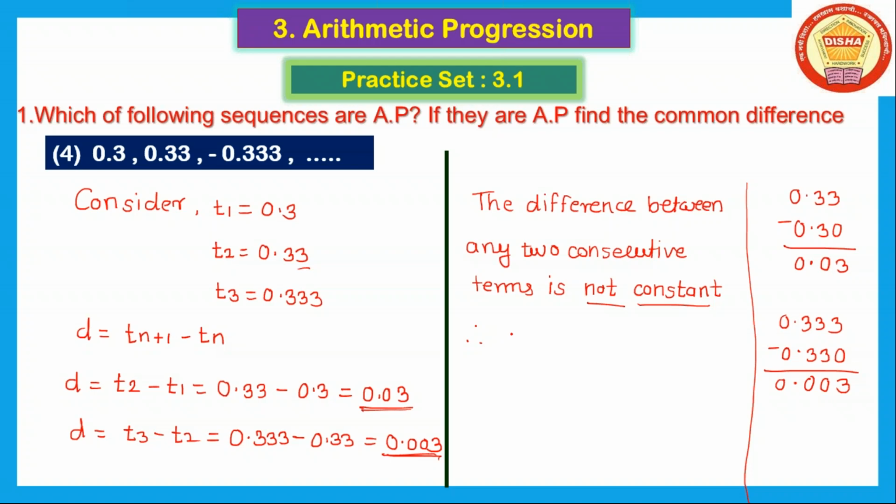So therefore, given sequence is not an AP, means given sequence is not an arithmetic progression. Okay. If it is arithmetic progression, then we have to find common difference. It is not arithmetic progression, so we can't find the common difference, because the difference is not constant. So it is not common. Means we solve only just like this. That is, given sequence is not an AP.